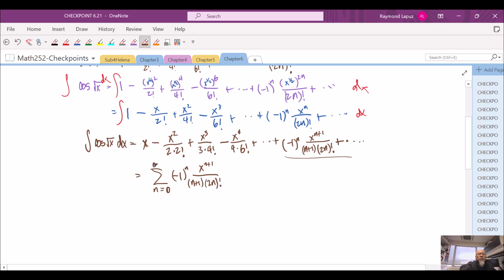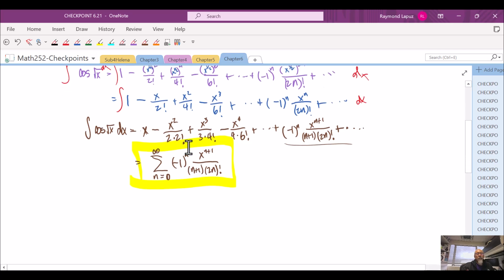Okay, so this is your general series for the cosine function. That's great. Now they want us to evaluate this from 0 to 1. So evaluating this from 0 to 1 would simply tell us to put 0 and 1 there.